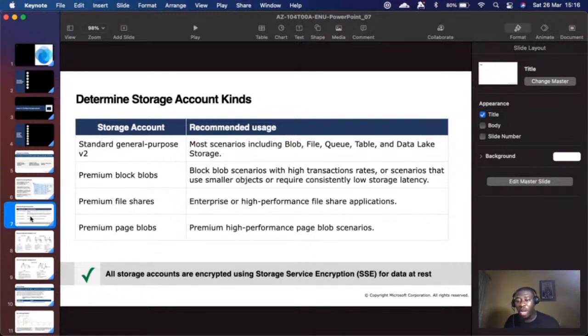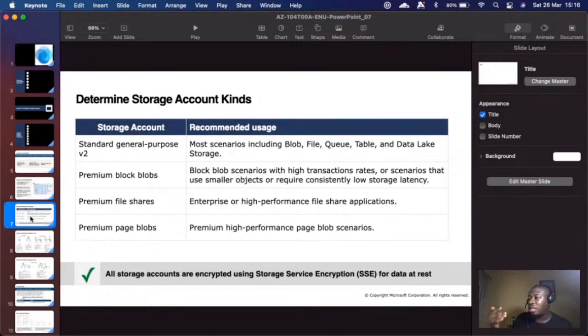Just the same way you have latencies on your network, you also have latencies on storage, especially if you are not using the right kind of storage account to support the service you're running. So if you want a very low latency, what you should be considering is a premium block blob.